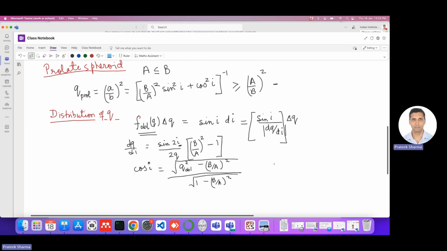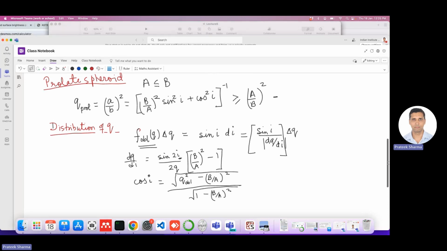Okay. Now what we'll do is, this is twice sine I cos I. If you plug in that sine 2I in terms of B by A and Q, you will get fq. Okay, so let me just write down what fq is.